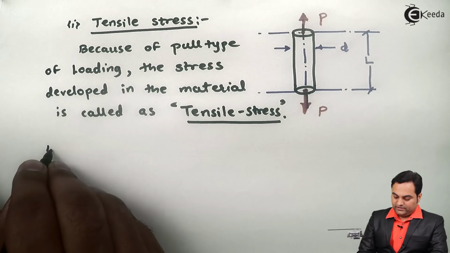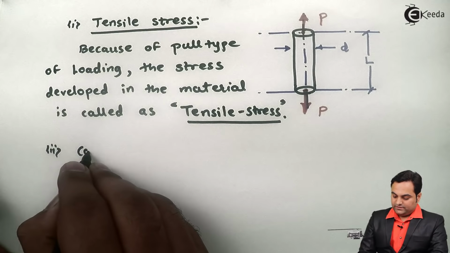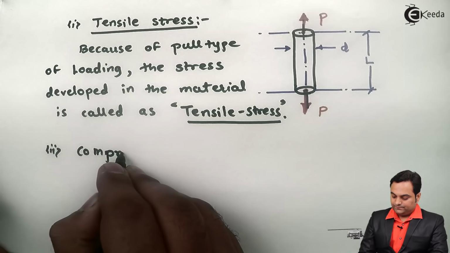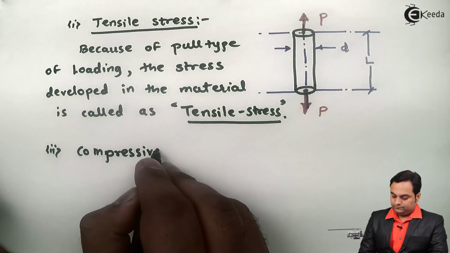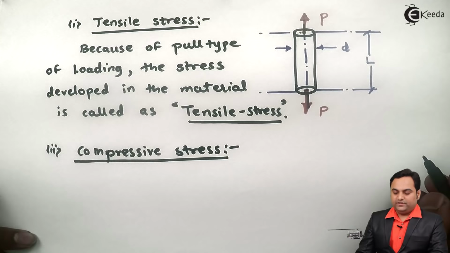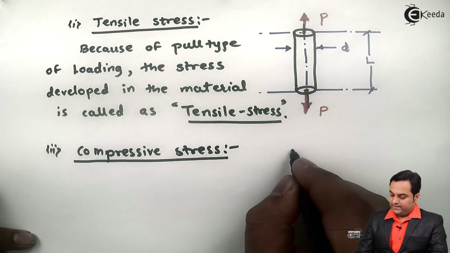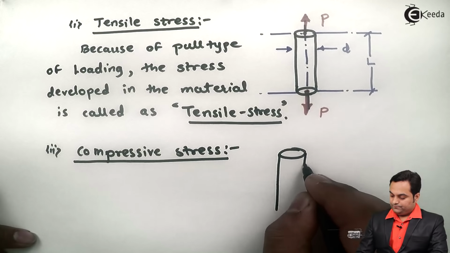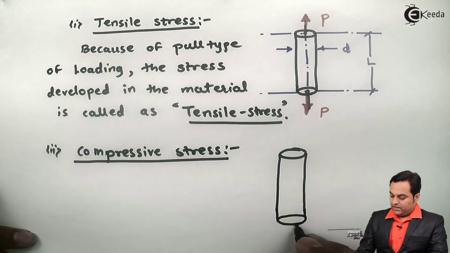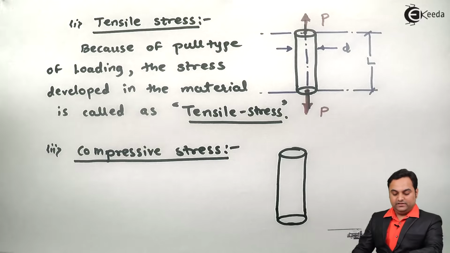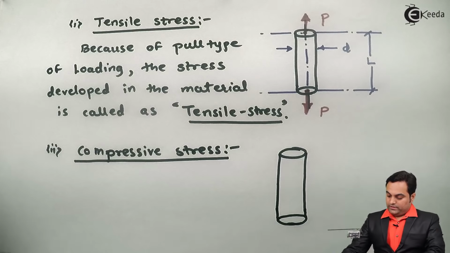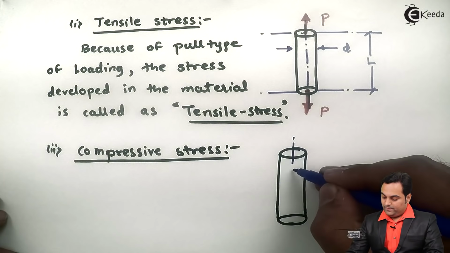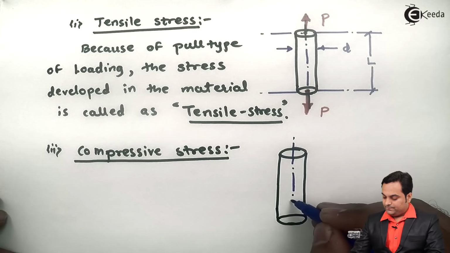Next, the second kind of stress, that is compressive stress. For compressive stress, again I will draw the diagram of the same rod having the same diameter D and length L, and again the load will be passing through this axis.